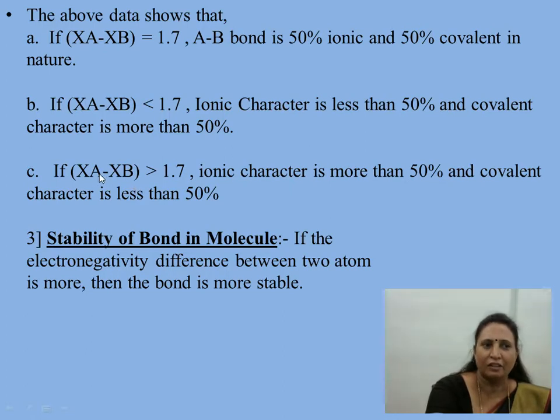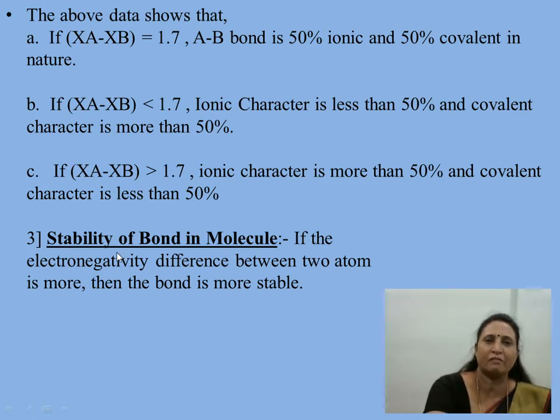Now if XA-XB, that is the electronegativity difference between A-B atoms, is greater than the value 1.7, then that bond has more ionic character than 50% and less covalent character than 50%. So from the value of electronegativity, one can predict the nature of a bond present between the A-B molecule.